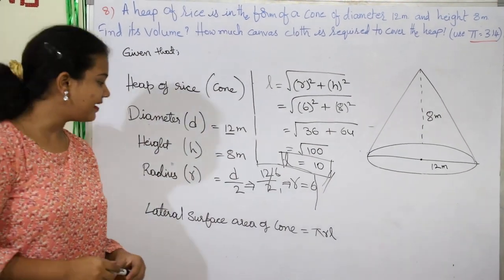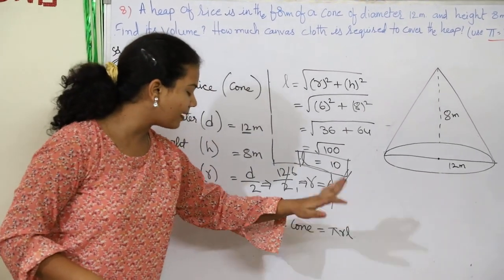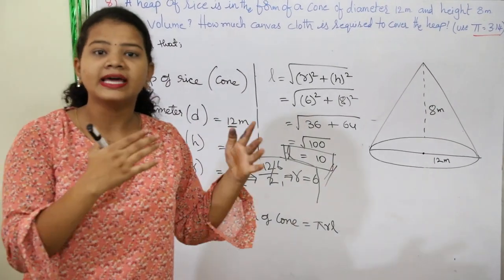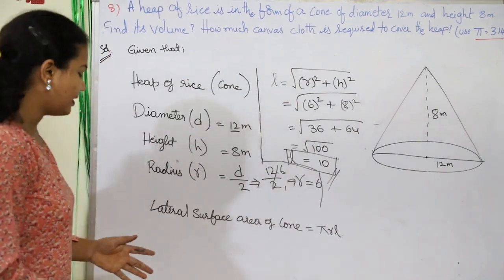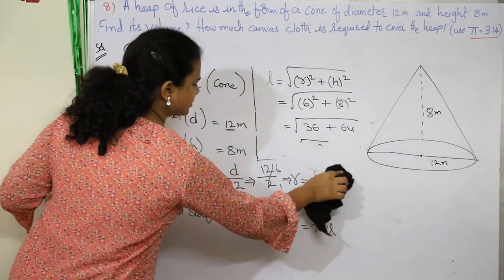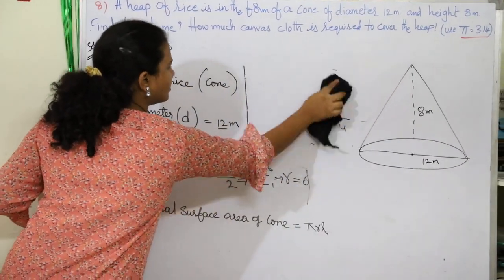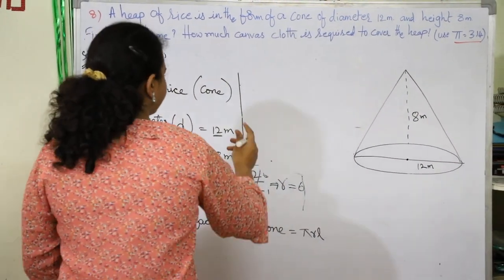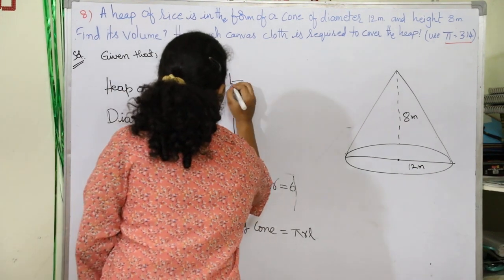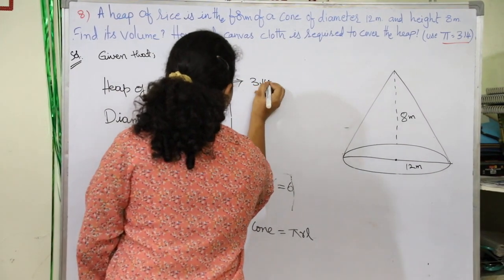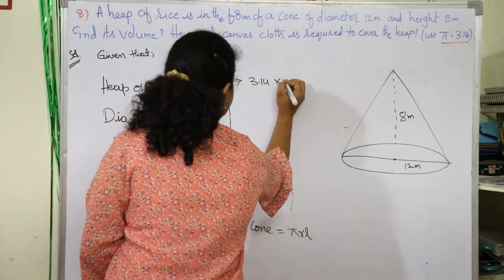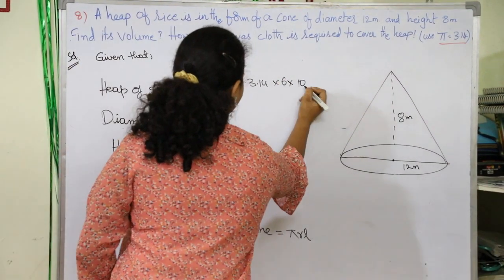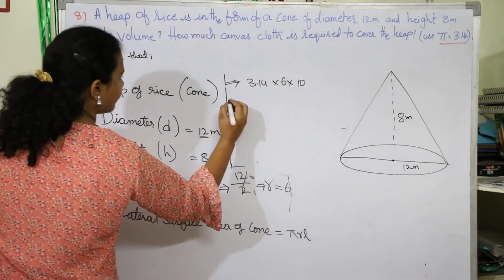Okay, I got the pi value, the R value and the L value. So now just substitute these values in the given formula: pi, 3.14, into R value 6, into L, which is 10.